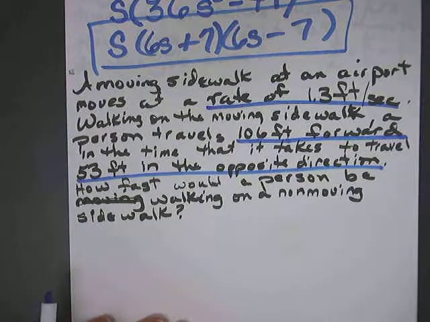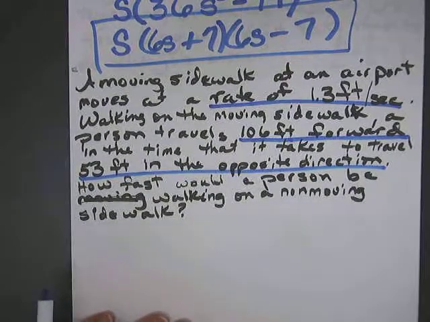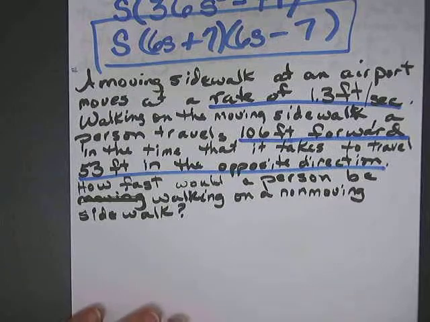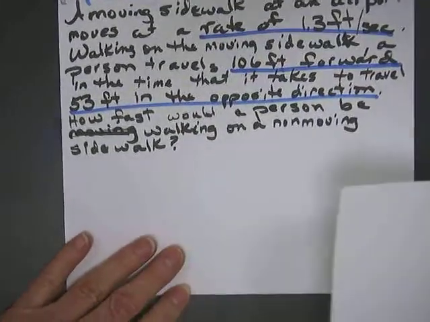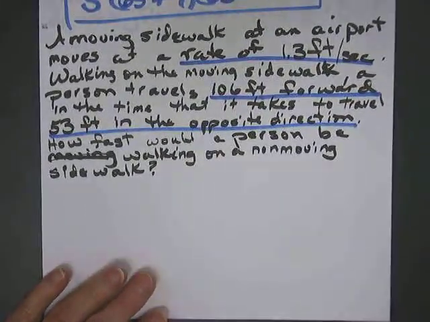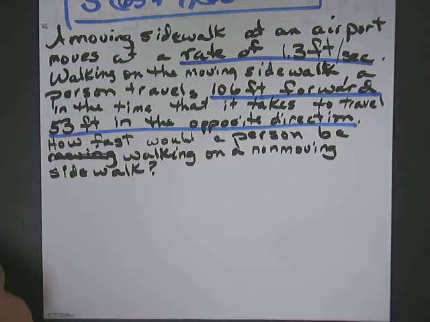How fast would the person be walking on a non-moving sidewalk? Or if you had an odometer, or a speedometer on your hip and it said how fast you were going, that's what it's asking. How fast are you walking? What's the rate of your walk?